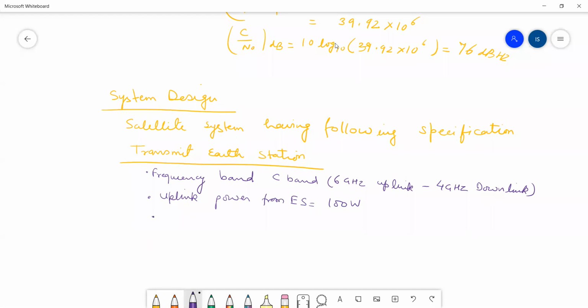Suppose the Earth station antenna diameter is 10 meter. And the efficiency of the antenna is suppose 65%.